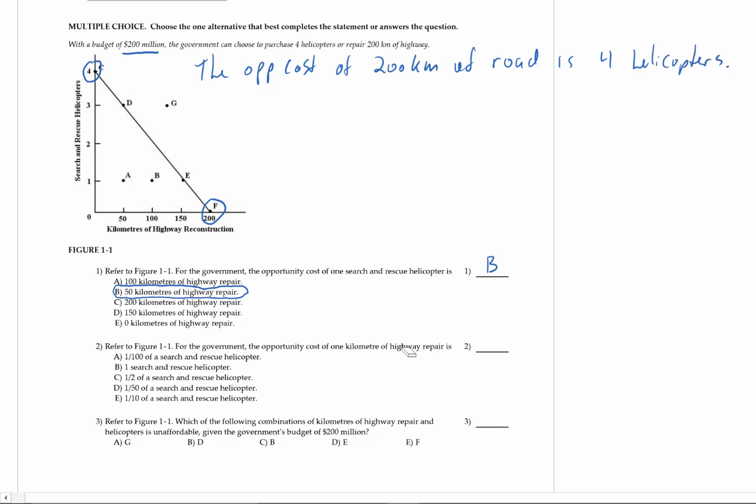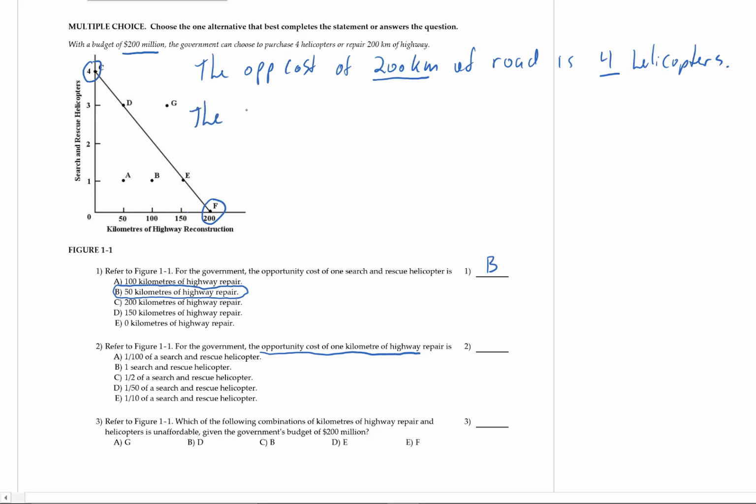However, if we look at question 2, what it's asking is what's the opportunity cost of 1 kilometer of highway repair, not 200. So we need to divide both of these 2 numbers, the one in front of the roadways as well as the helicopters. We can divide them both by 200 to figure out what the opportunity cost of 1 kilometer of road is.